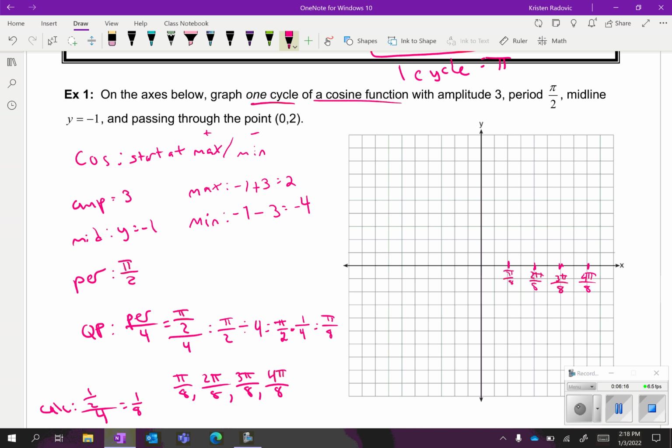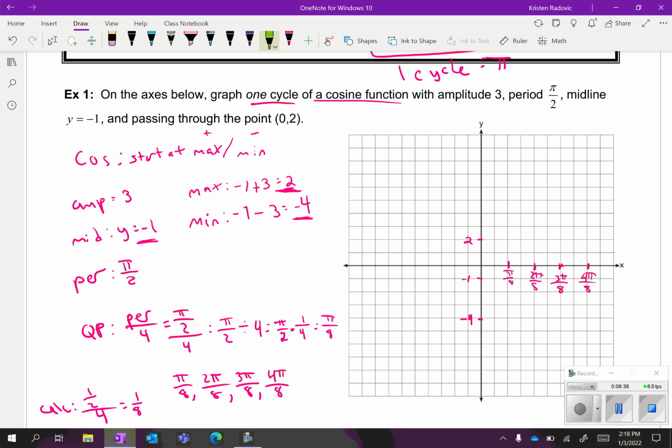Then the 3 values I want to pay attention to are my maximum, my midline, and my minimum. So maximum is here, my midline is at -1, and my minimum is at -4.